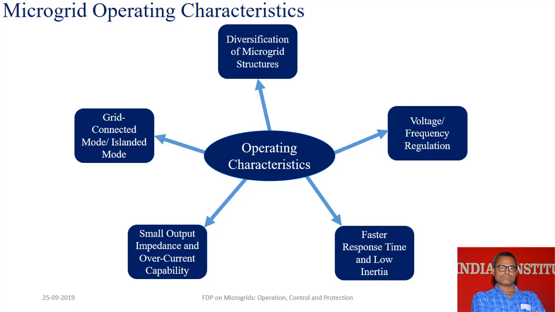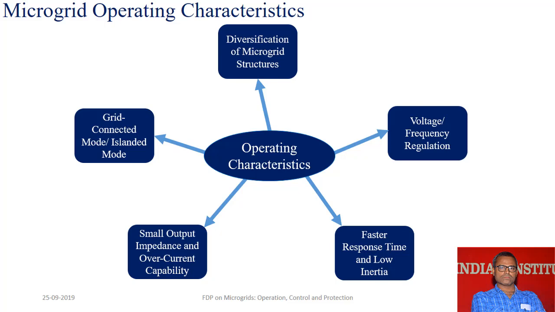If inertia is less, even a small disturbance can make the system go out of step, right? It will become unstable. So the microgrid has a faster response but low inertia, because it does not consist of synchronous generators. Most of the generators are inverter based, right? Inverters are connected, so this inertia plays an important role.